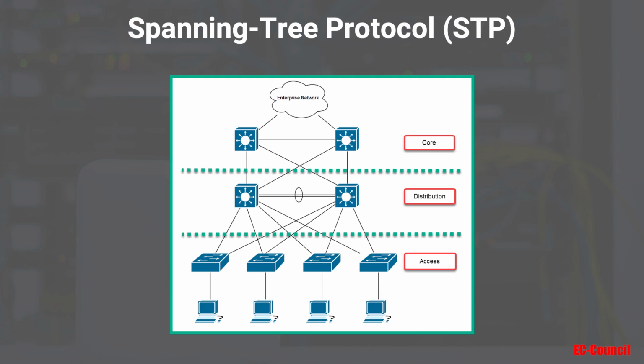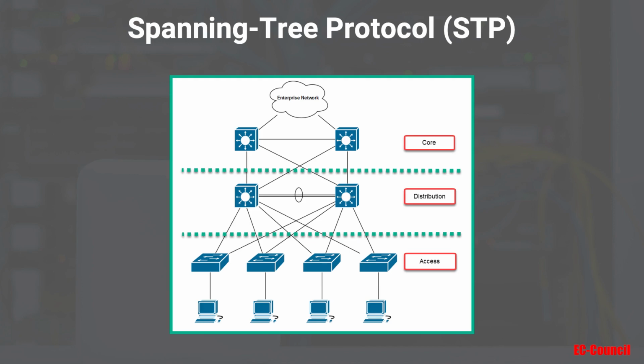So what exactly does spanning tree do? Spanning tree will ensure that there is only one active path on a network between a source and a destination. Furthermore, spanning tree will detect any sort of redundant paths and place those links in a logically blocked state.